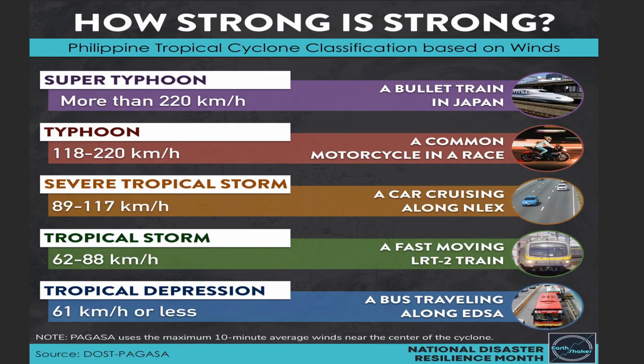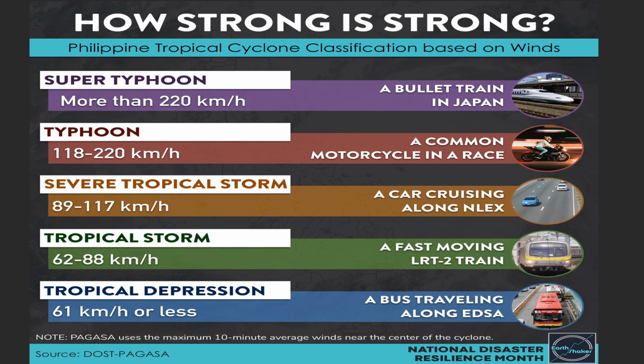Now, how strong is strong? So I have here the classification of tropical cyclones according to their wind speed. Okay, so first let's talk about the tropical depression. We term the tropical cyclone a tropical depression when it carries a wind speed of 61 kilometers per hour or less.